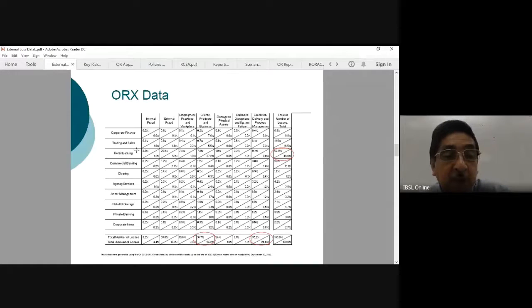If you go to the next one, that is trading and sales, in the internal fraud, in trading and sales, it is 0.1% internal fraud. It is 0.1% of total losses.